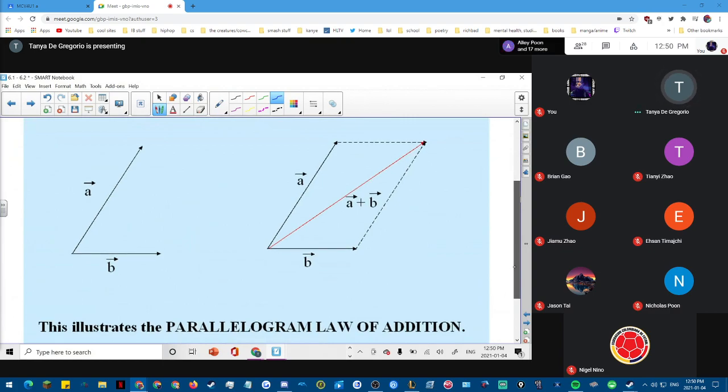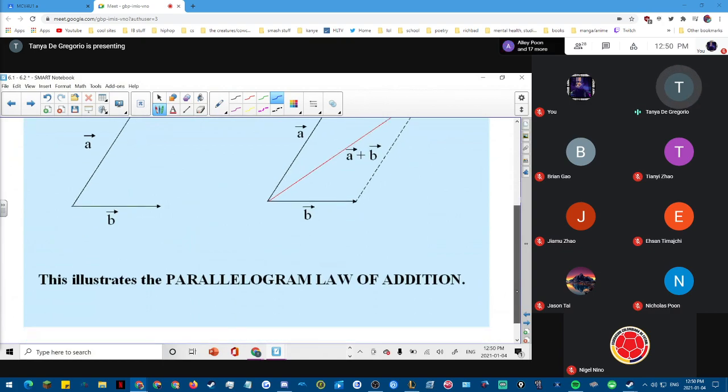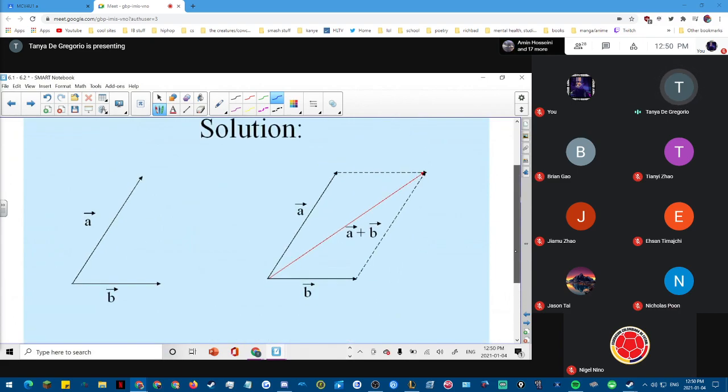Now, this here illustrates the parallelogram law of addition. If I were to bring A here and I have B here, then you can see that we have the exact same resultant. That's actually not true. Hold on, that's not what I meant to say, because we know this is a different resultant.